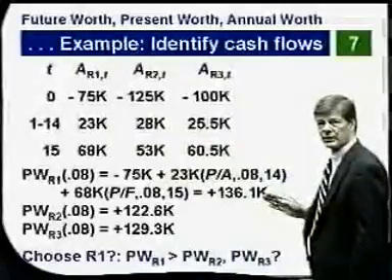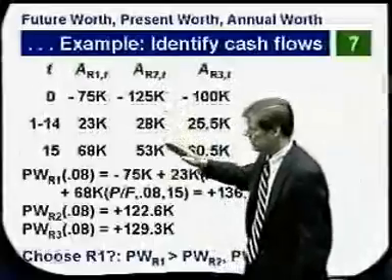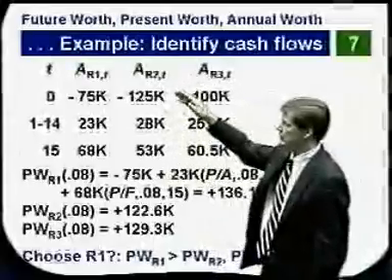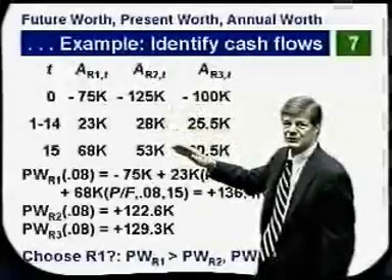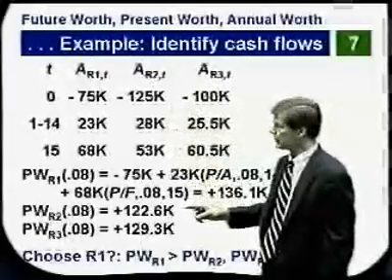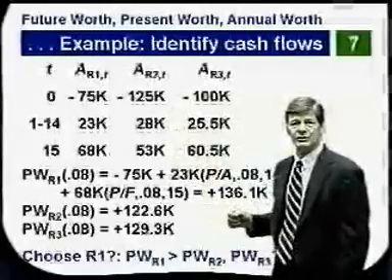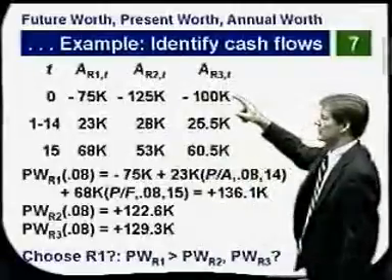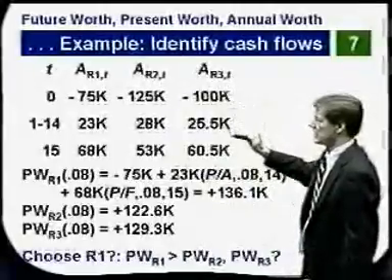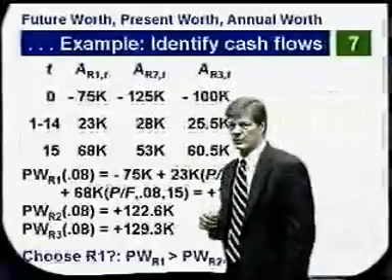It's a profitable course of action. Similarly, for Route 2, as an individual cash flow stream, investing $125,000 today to receive these cash flows for the next 15 years is also a profitable course of action. The present worth is greater than 0. Similarly, for Route 3, investing $100,000 today to receive these cash flows for the next 15 years is also an economical course of action.